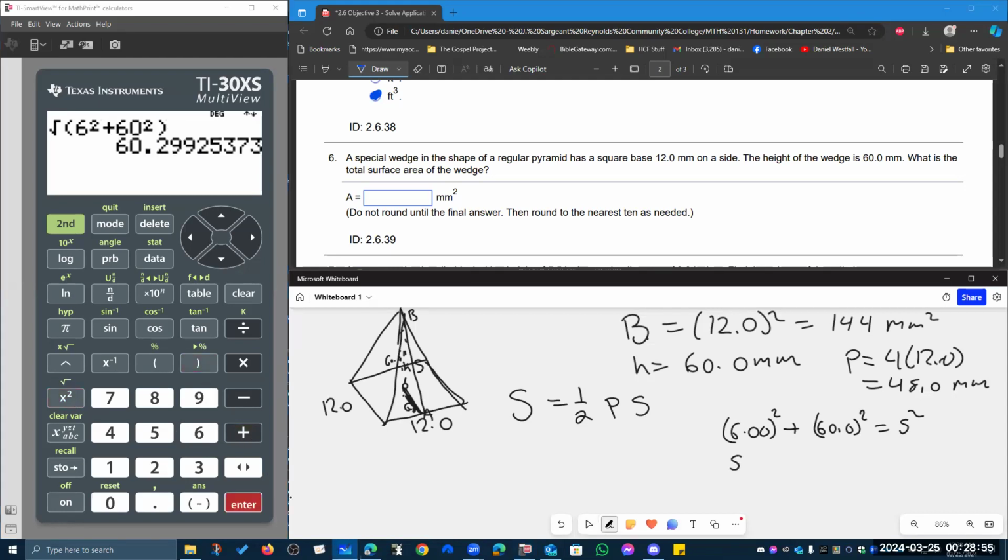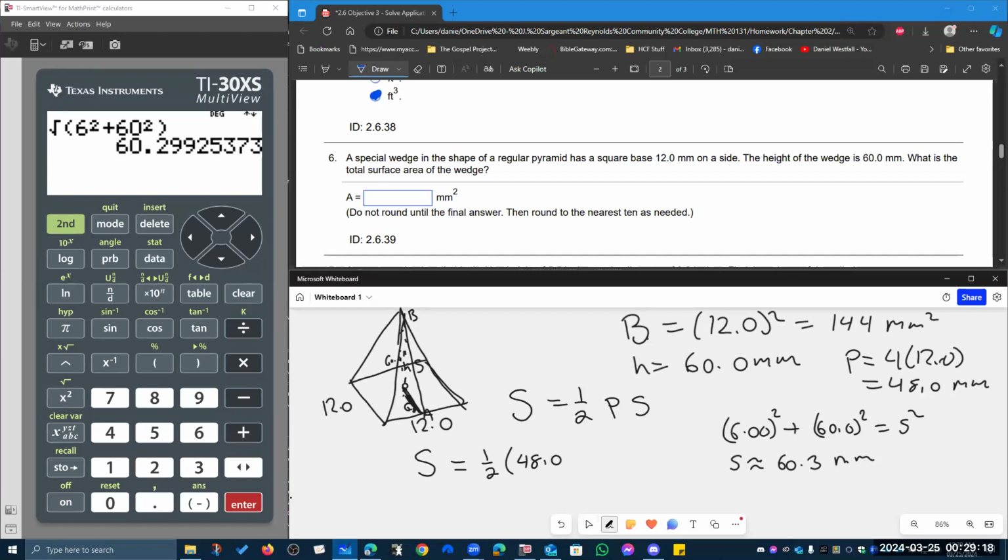S is going to be about 60.3 millimeters.